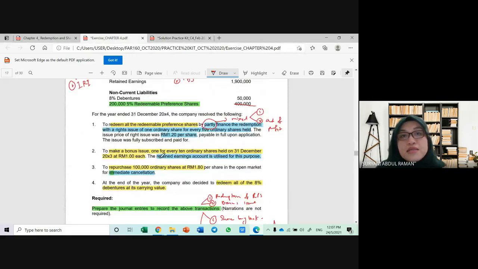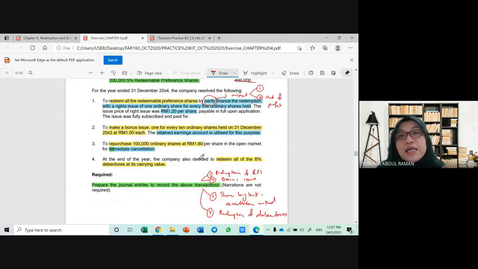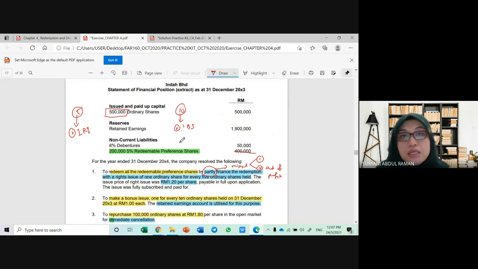Okay, last transaction for this company is that the company wants to redeem also its debenture. How much? All. Okay, back to the previous balance. Under the non-current, you also have debenture. So this debenture is also one of your debts. So you need to redeem, meaning you want to make the settlement and you want to settle all.